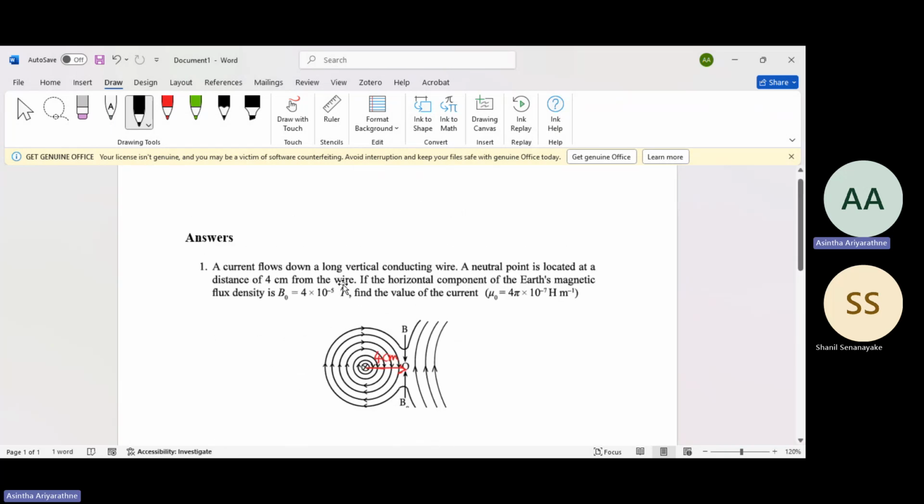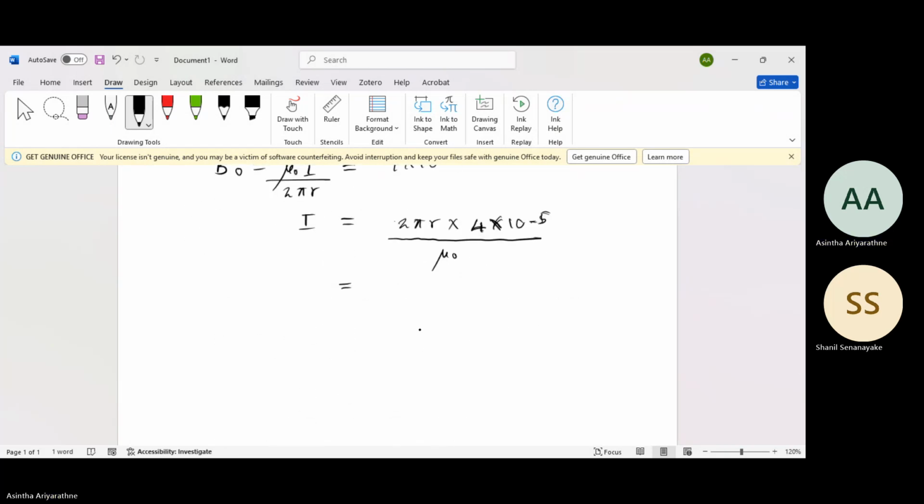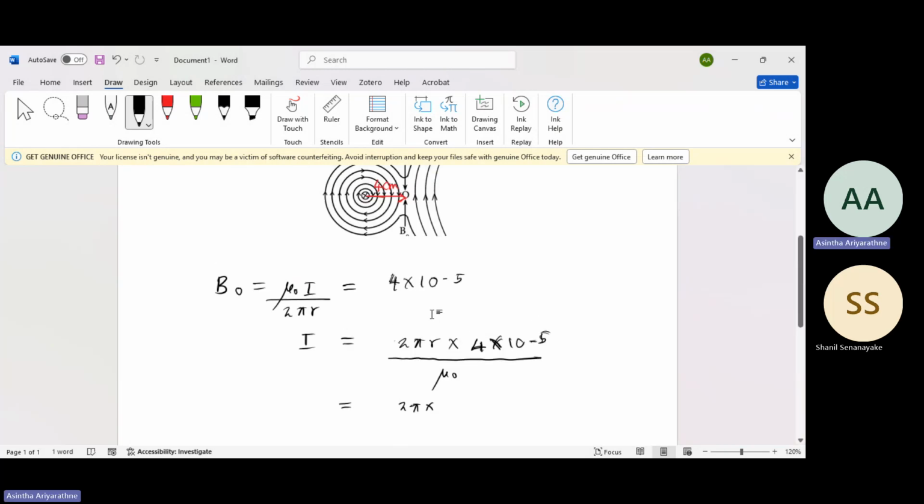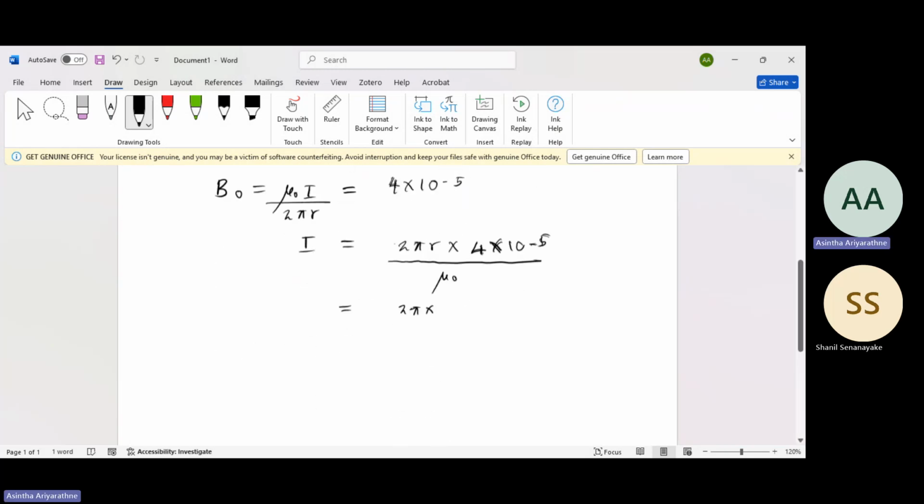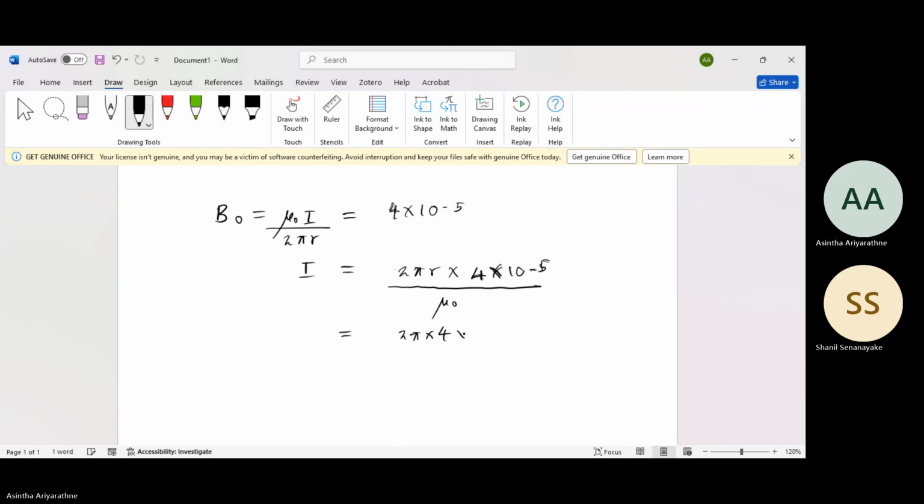It's 4 pi × 10^-7. The distance is 4 centimeters, so we have to convert it to meters.